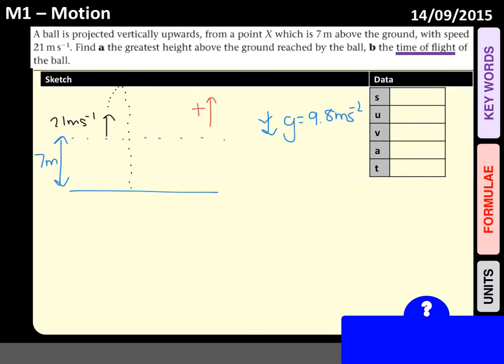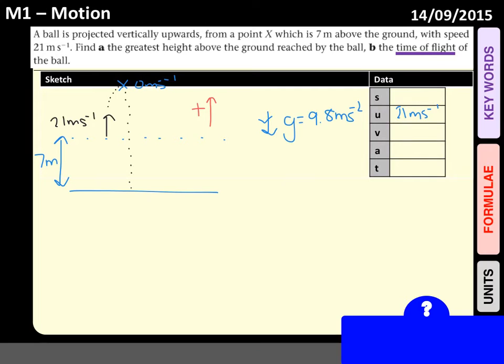So, filling in the data table, as of yet I know nothing about the displacement. I know that my initial velocity is going to be 21 meters per second. I know that my final velocity at the top is going to be 0 meters per second, and I'm also very aware that it's not going to be 0 meters per second at the bottom, because we're thinking about the speed at which it hits the bottom, not what it slows down to once it's hit the bottom.